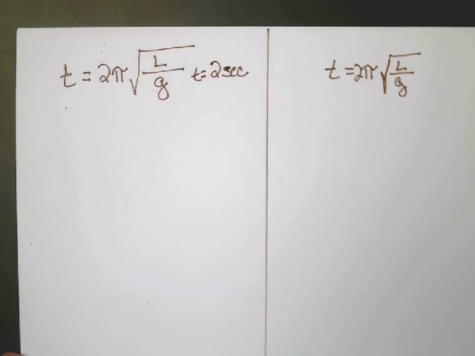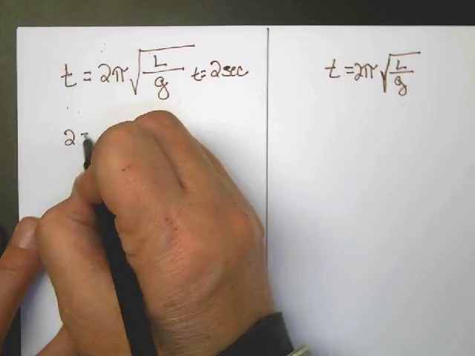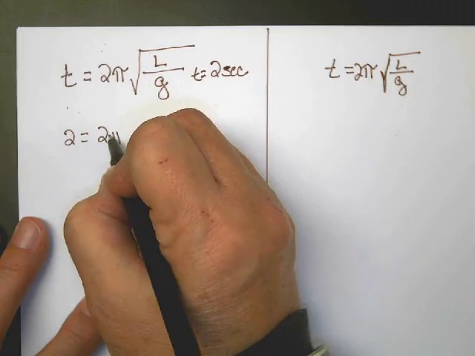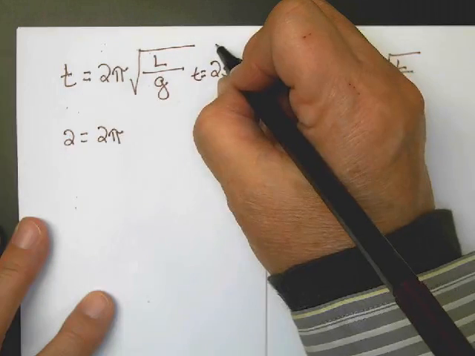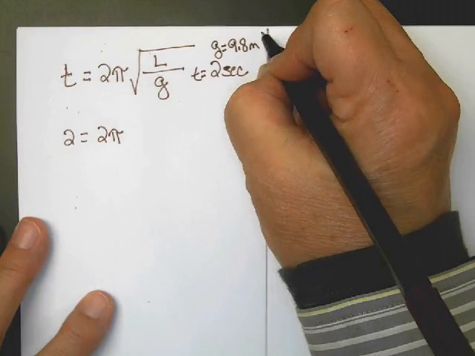So where it says t, I'm going to plug in 2. And then everything else I know, let's use the gravitational constant to be 9.8 meters per second squared.